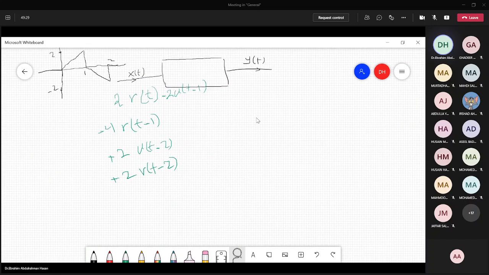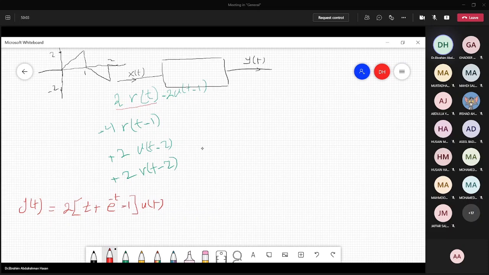So then the output y of t is equal to, when the input is 2 ramp of t, then it is 2 multiplied by the ramp alone, which was t plus e to the power of minus t minus 1 multiplied by u of t.